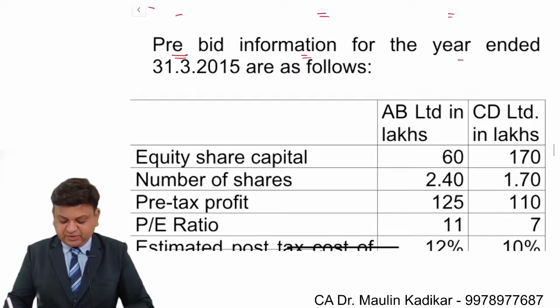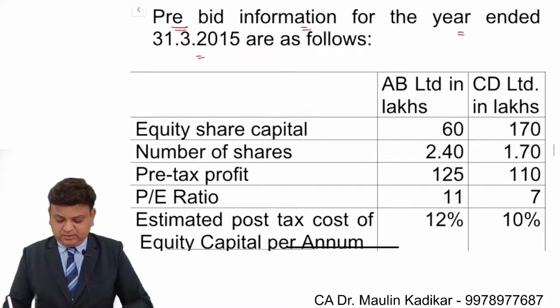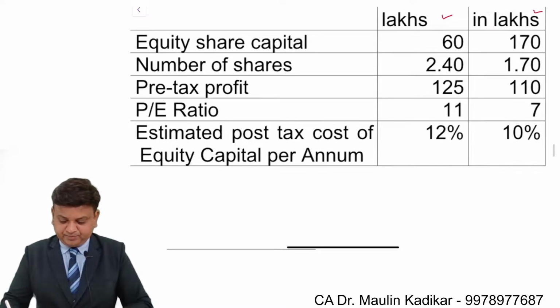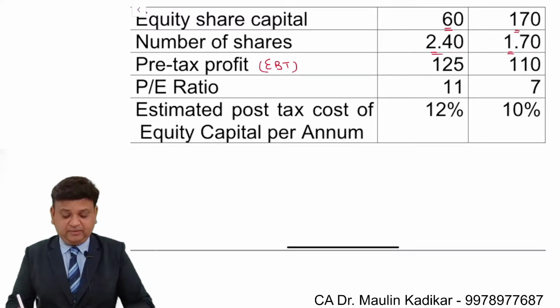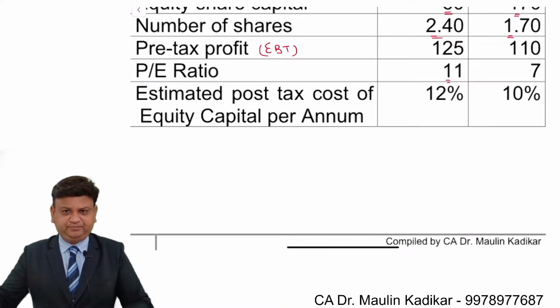Pre-bid information for the year ended 31st of March 2015 is as under. For AB Ltd and CD Ltd, equity share capital information has been given, and the number of shares has been given. Pre-tax profit, that is the earning before taxes, has been given. Price earning ratio is 11 times.